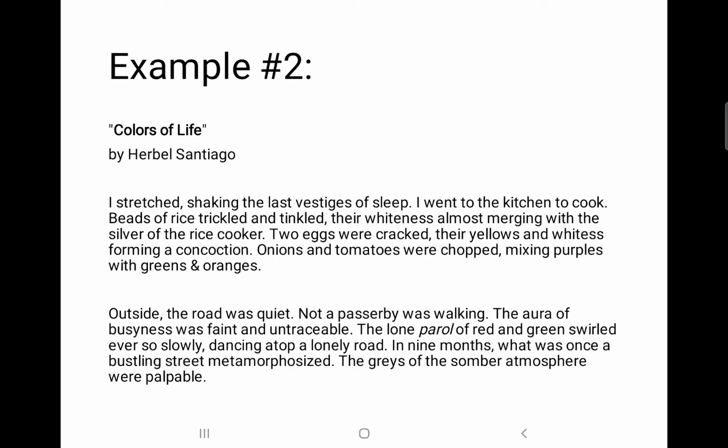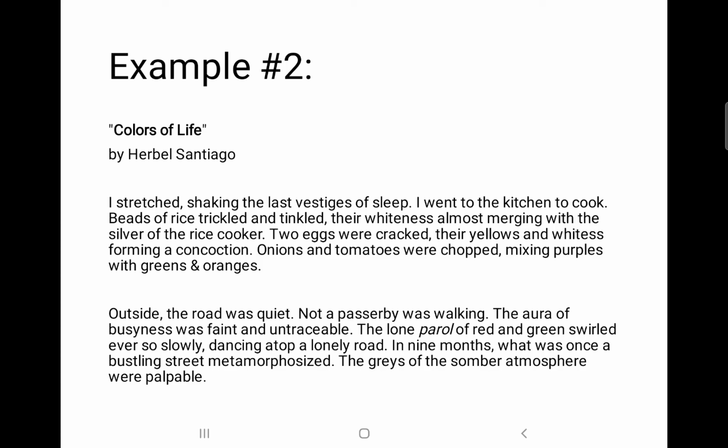The aura of busyness was faint and untraceable. The long parol of red and green swirled ever so slowly, dancing atop a lonely road. In nine months, what was once a bustling street metamorphosized. The grays of the somber atmosphere were palpable. A parol is a decoration that we put during the Christmas celebration.